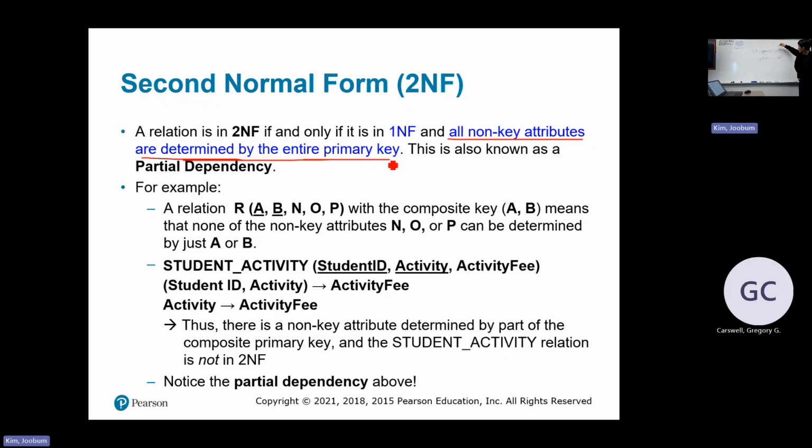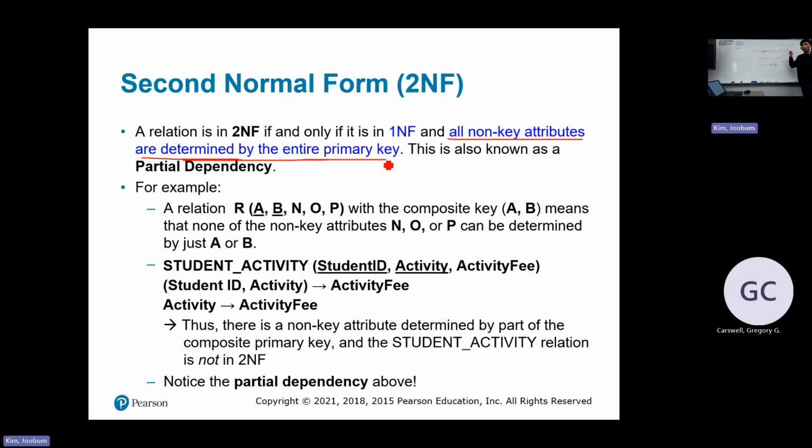But when you take a look at activity and activity fee, activity also determines activity fee. It's a part, a partial of the composite primary key. So it violates the second condition, that all non-key attributes are determined by the entire primary key. So in this case, this is the first normal form, but not second normal form.